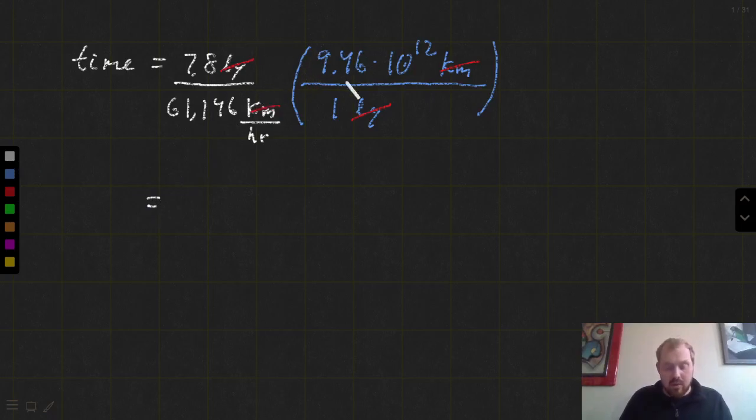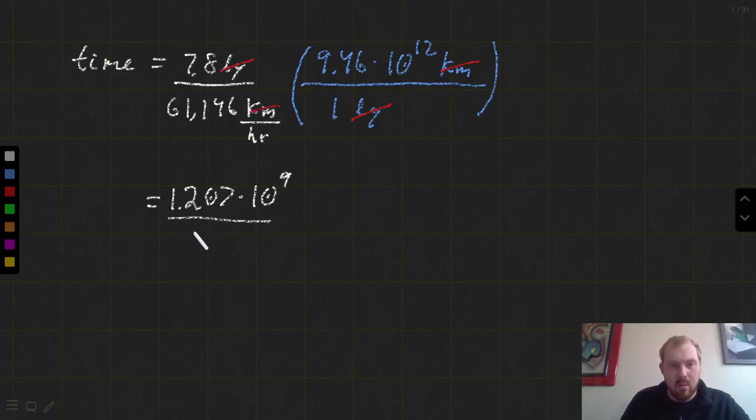If you plug this result into a calculator, you'll get something that is, let me look at my cheat sheet now, 1.207 times 10 to the 9th. Let's see here. Our units are going to be 1 over hour.